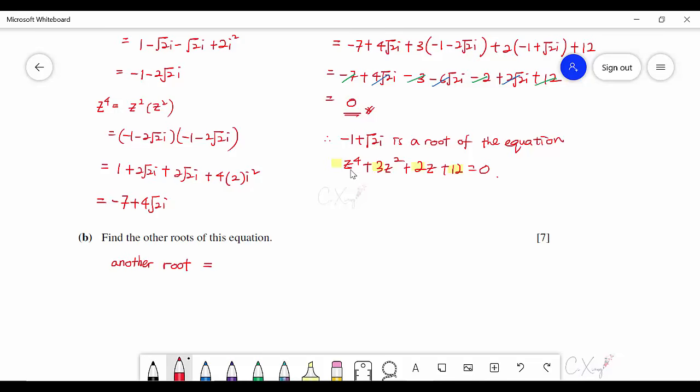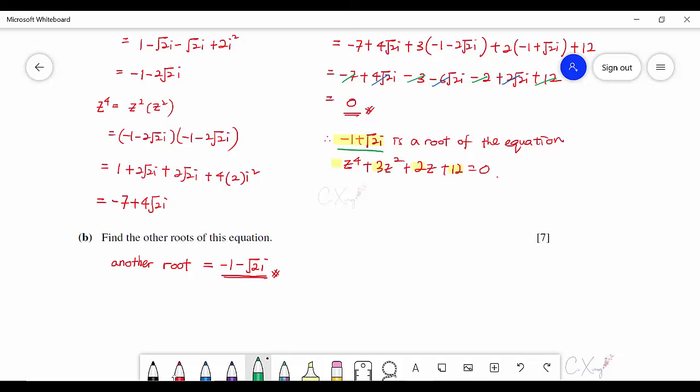One of our roots from part A is -1 plus square root 2i. Since all the coefficients are real, the other root comes in the conjugate pair, which is -1 minus square root 2i. So from here you already have two roots in your hand.